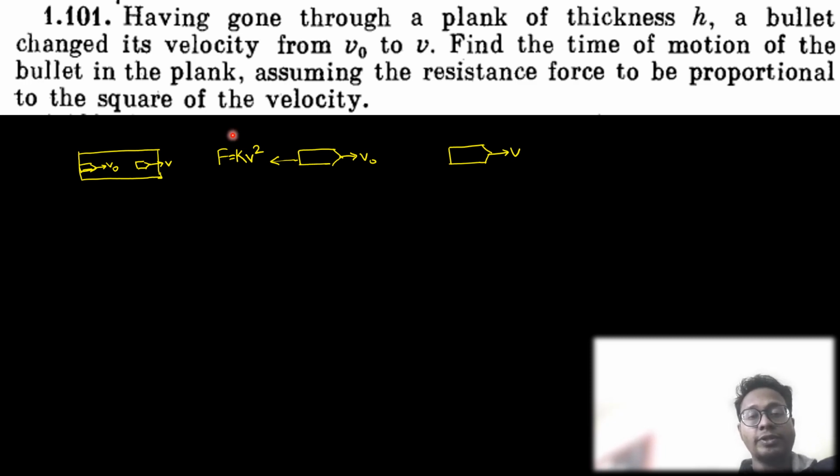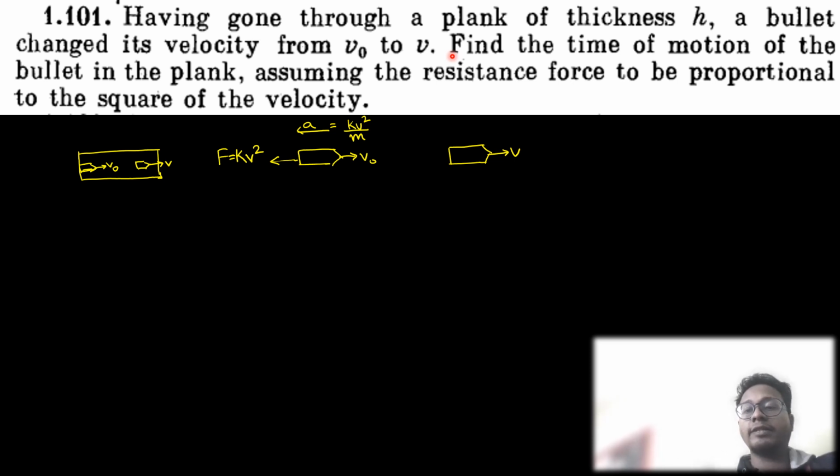Now this force will cause an acceleration, opposite to the direction of velocity, and we know that force is equal to mass into acceleration. So the acceleration here would be equal to force, which is kv square, divided by mass. So this bullet has an acceleration of kv square by m, and it decelerated to a velocity of v.